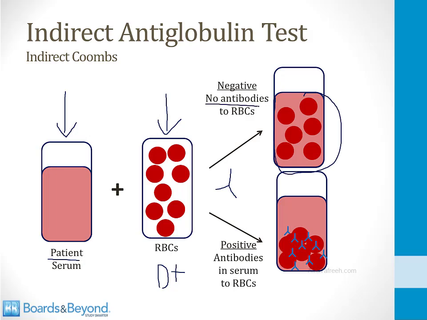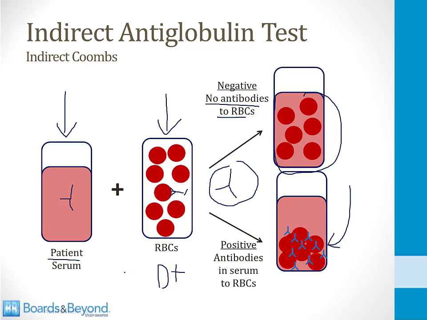It means there were no antibodies in the mother's serum to the D positive red blood cells. On the other hand, if the red blood cells agglutinate, this is a positive test. It means there were antibodies in the mother's serum to the D positive red blood cells. Those antibodies bound to the D positive red blood cells, and then the anti-IgG antibodies bound to those antibodies, and that caused agglutination.